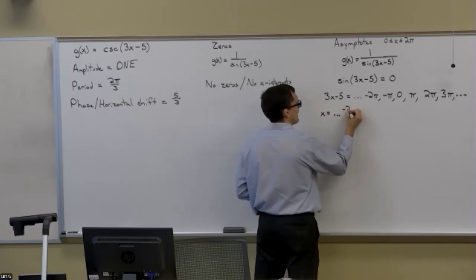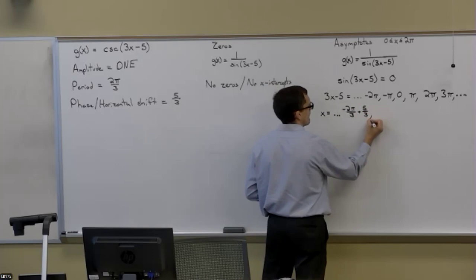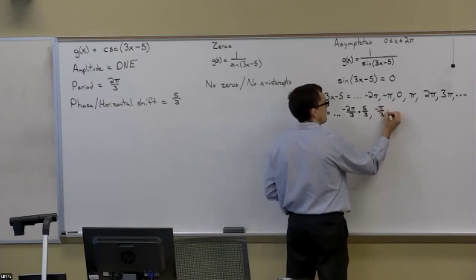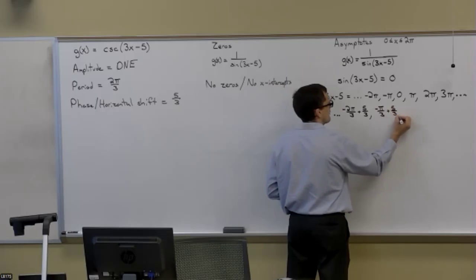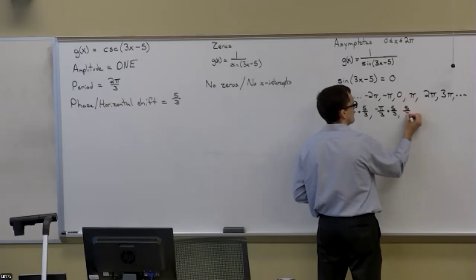That would become -2 pi over 3 plus 5/3. -pi over 3 plus 5/3. 0 plus 5/3, which is just 5/3.